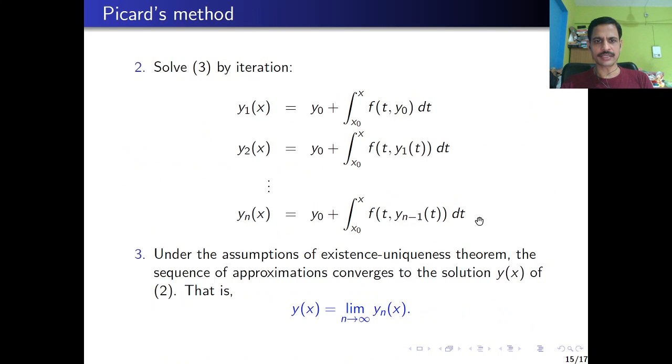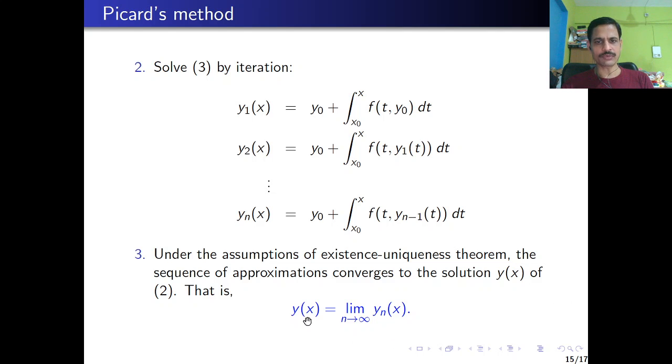So this is the Picard iteration that we just now saw, and it turns out that under the assumptions of the existence uniqueness theorem, in certain interval, the iterations converge. The sequence of approximations converge to the solution of the differential equation.